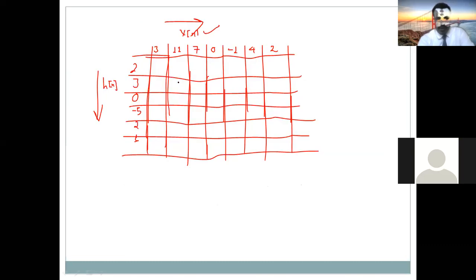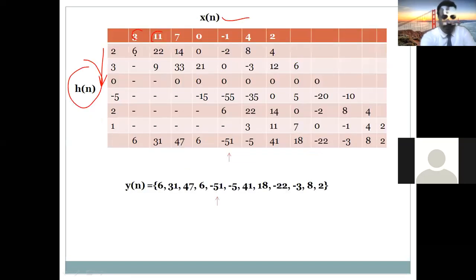Multiply, right? Multiply 2 with each. This is the first impulse response sample, multiplied with each input sample. Okay. So how much is 2 times 3? 6, right? 2 times 11, 22 here. 2 times 7, 14 here, right?